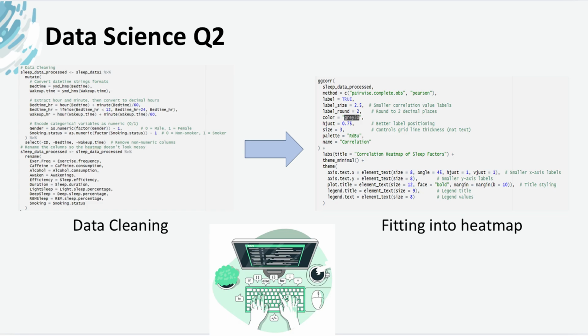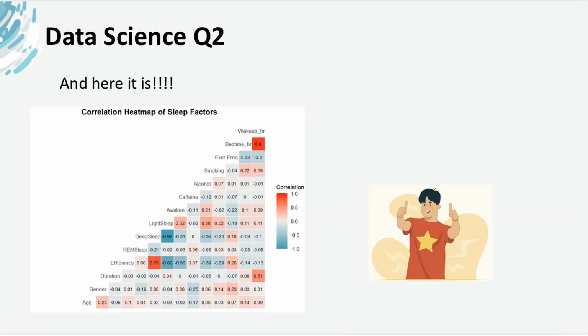This was to make sure that sleeping after midnight is not considered early sleep. So now let's fit the clean data set into the heat map. Also make sure to make the variable names smaller so that they don't overlap with the map, which would look very bad. And finally, here is our heat map.